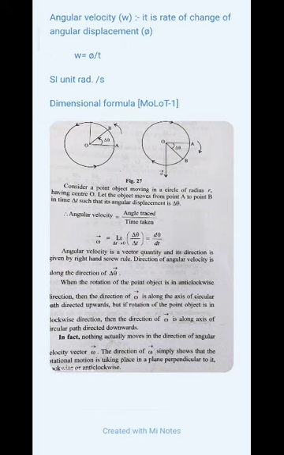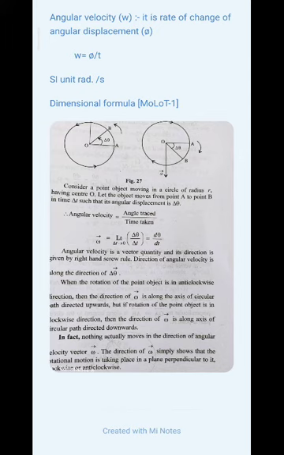Angular velocity is the angle traversed divided by time, so omega is the limit of delta theta by delta t, equal to d theta by dt. So instantaneous angular velocity is the rate of change of angular displacement. It is a vector quantity, and the direction is given by the right hand rule.